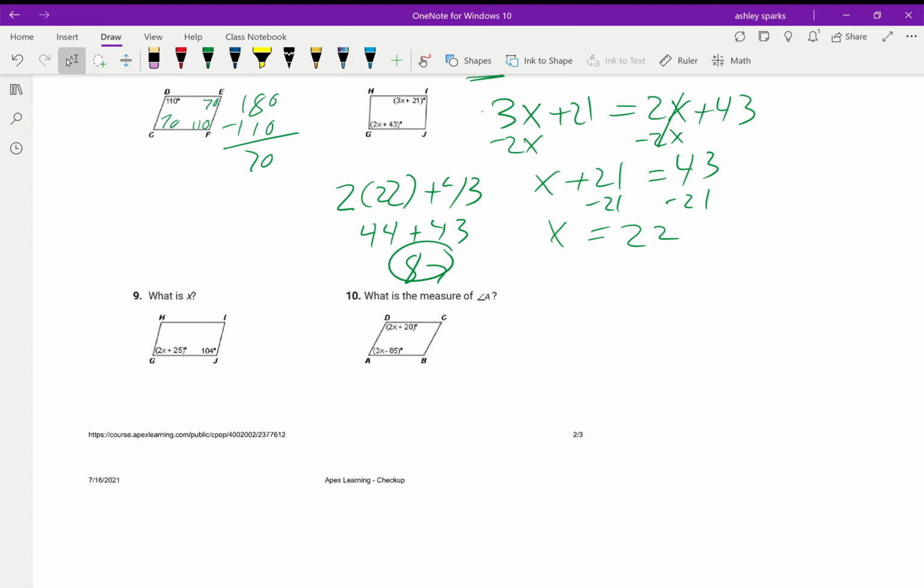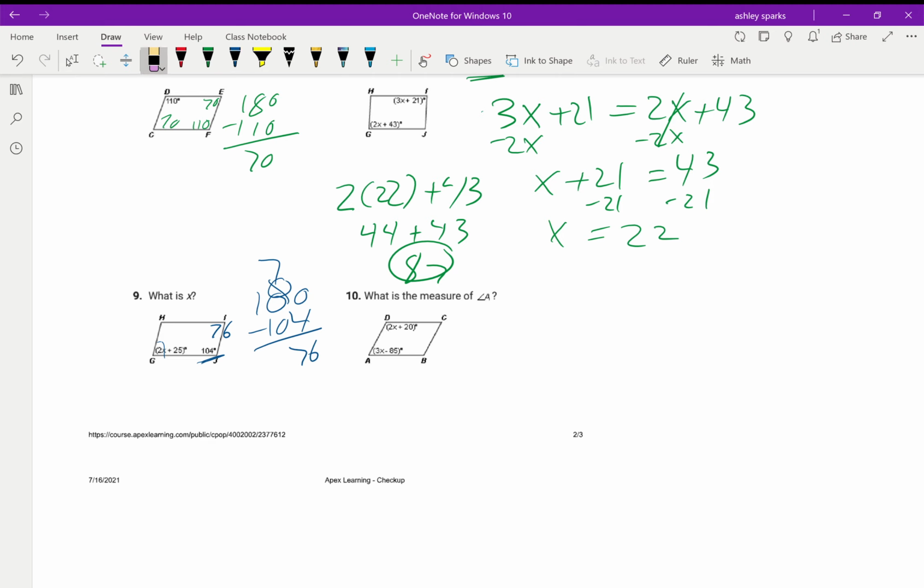So for this next one, I'd really like to actually know what my t is up here, because we know that opposite angles are congruent. And I don't know that yet, but I do know that this is 104. So I could do 180 minus 104. That's going to give me, what, 76 degrees? So that's what's up here.